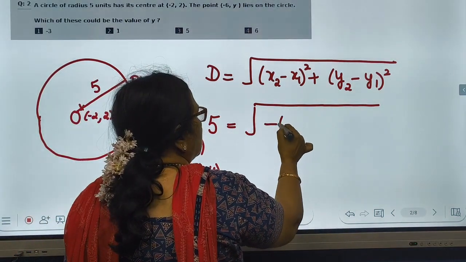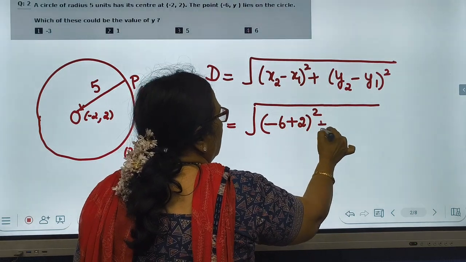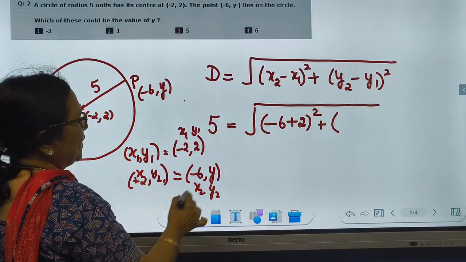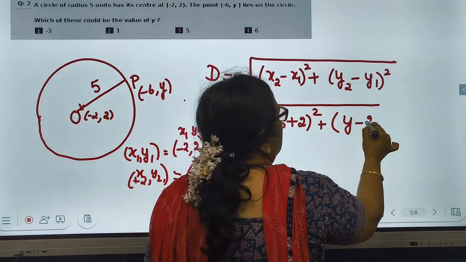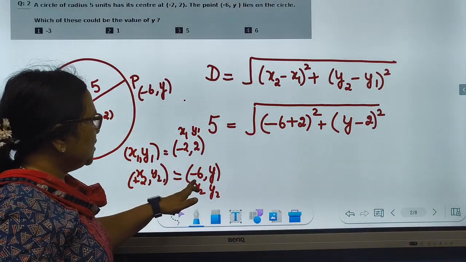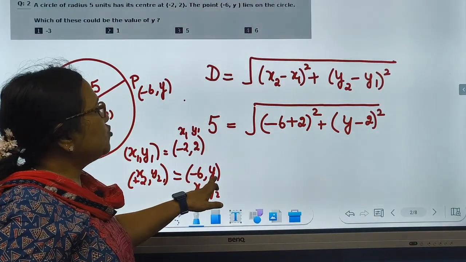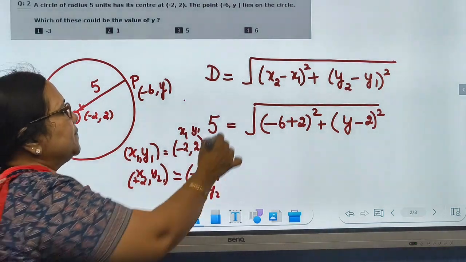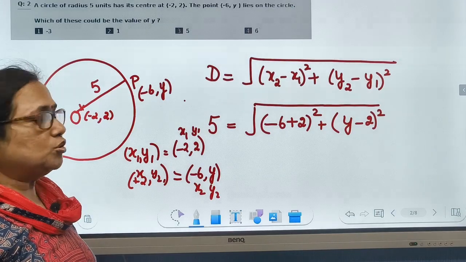So -6 plus 2 the whole square plus y2 minus y1, y minus 2. x2 minus x1 is -6 minus of -2 which is +2. y2 minus y1 is y minus 2. Substitute in the distance formula: -6 plus 2 the whole square plus y minus 2 the whole square.